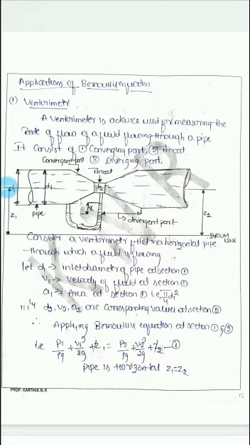That is P1 by rho g is the pressure head, V1 square by 2g is the velocity head, and Z1 is the datum head, equal to P2 by rho g plus V2 square by 2g plus Z2. Since the pipe is horizontal, Z1 is equal to Z2.